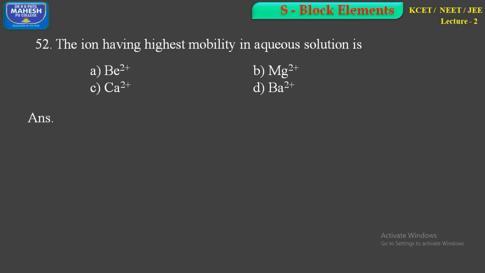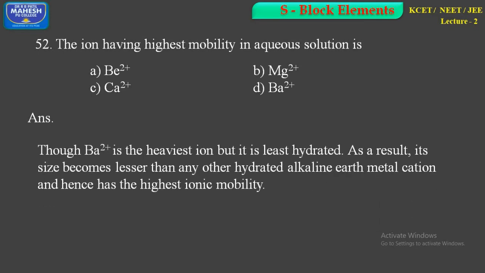Students, though the barium cation is the heaviest ion, it is the least hydrated. As a result, its size becomes lesser than any other hydrated alkaline earth metal cation and hence it has the highest ionic mobility. Thus, option D is the right answer, barium cation.